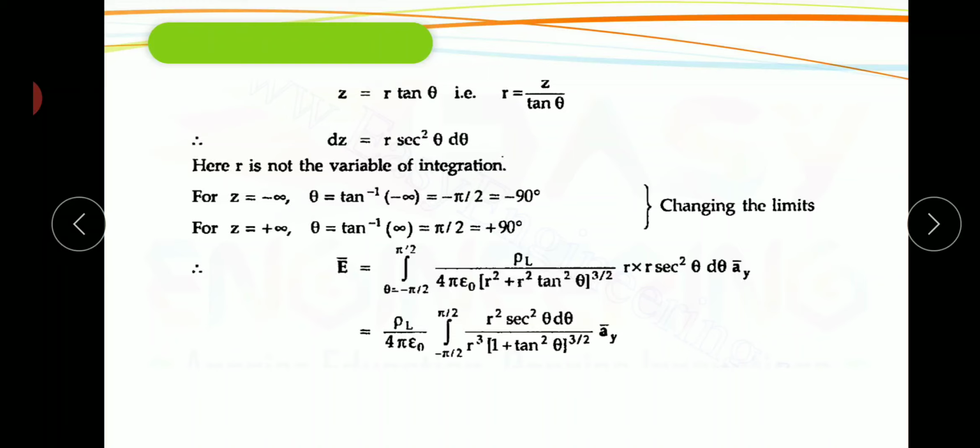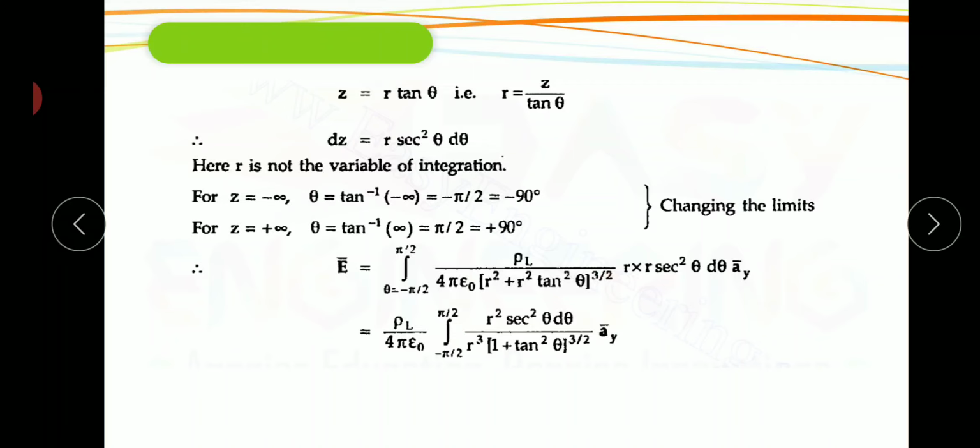So here rho L and 4 pi epsilon naught are constant, so simply write them in front of the integration, that is rho L by 4 pi epsilon naught, r into r square secant square theta d theta. In the denominator we have to take the r square value common, since r square plus r square tan square theta whole power 3 by 2 is there.